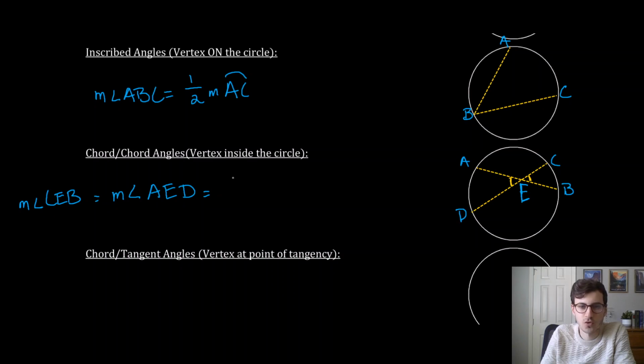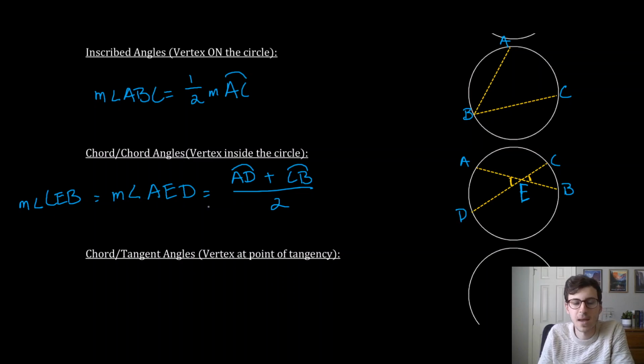So that's equal to AD plus CB divided by 2. The average of these arc lengths is equal to the measure of the angle. And you could do the same with AC plus this big DB right here, which would be equal to DEB. So for chord angles, the angle is equal to the average of the arc lengths.